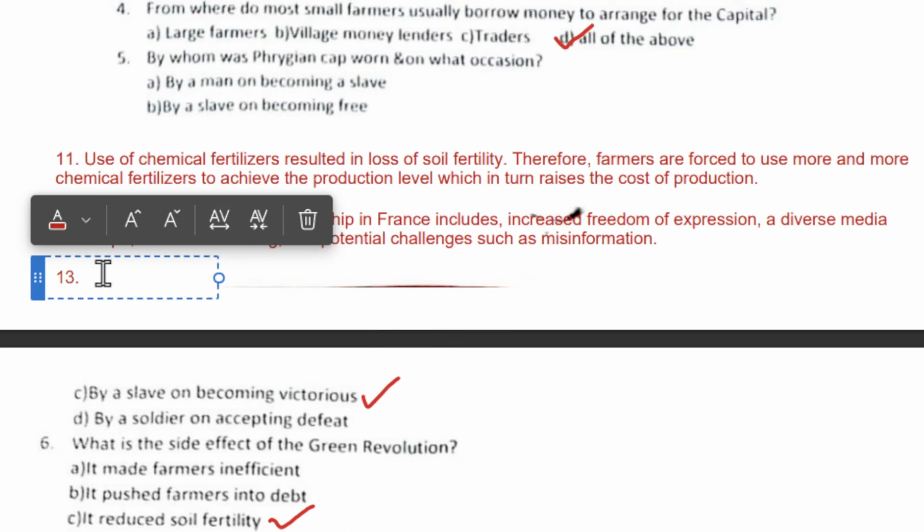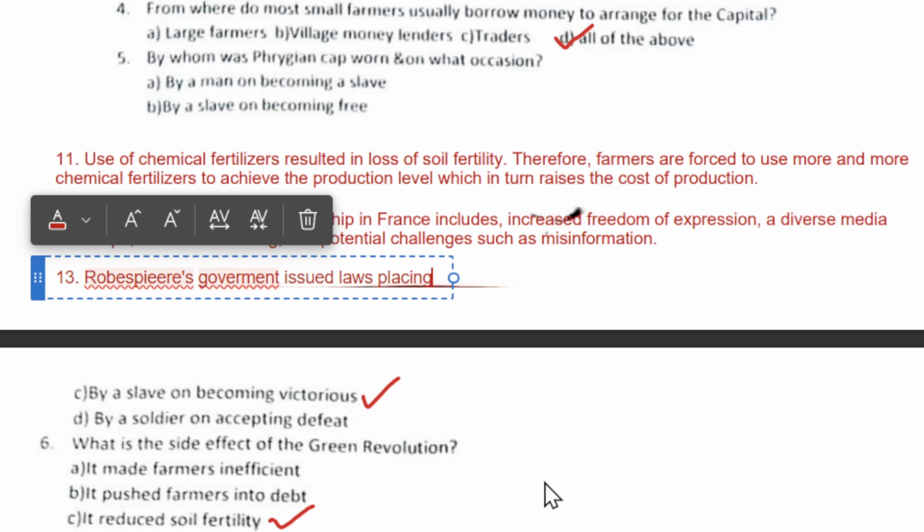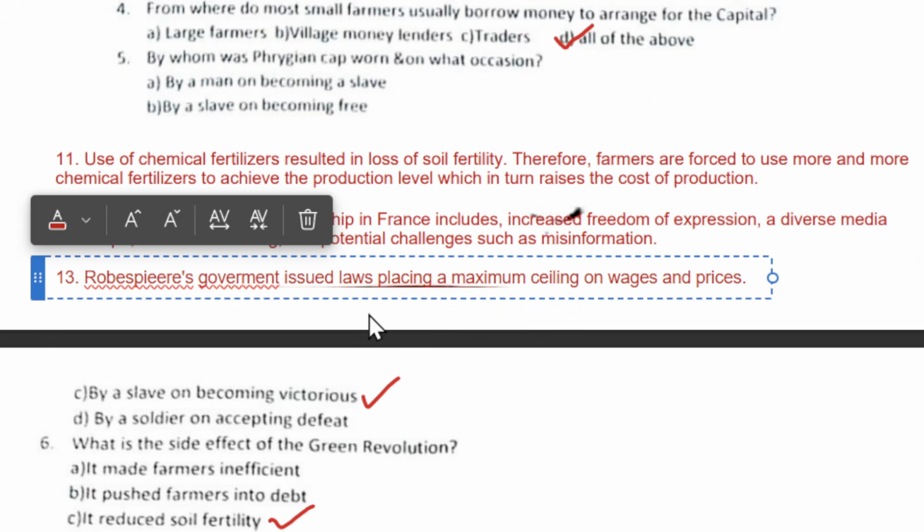Okay, you can write Robespierre's government issued laws placing a maximum ceiling on wages and prices.